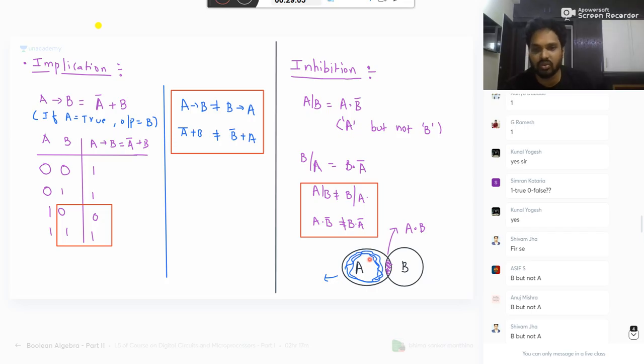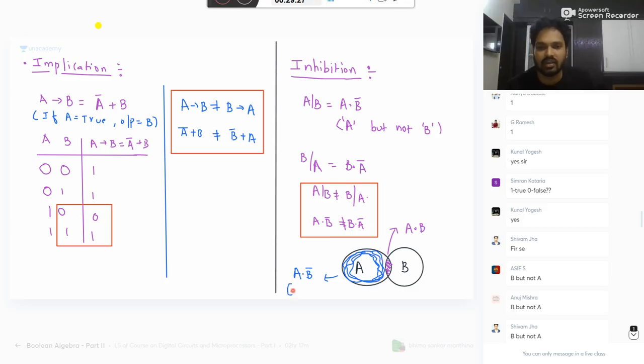Only A, right? Very good. Only A is nothing but A but not B. We call it AB bar. This is nothing but your inhibition. It is in A but not in B. This part is in A but not in B. That's why it is called AB bar.